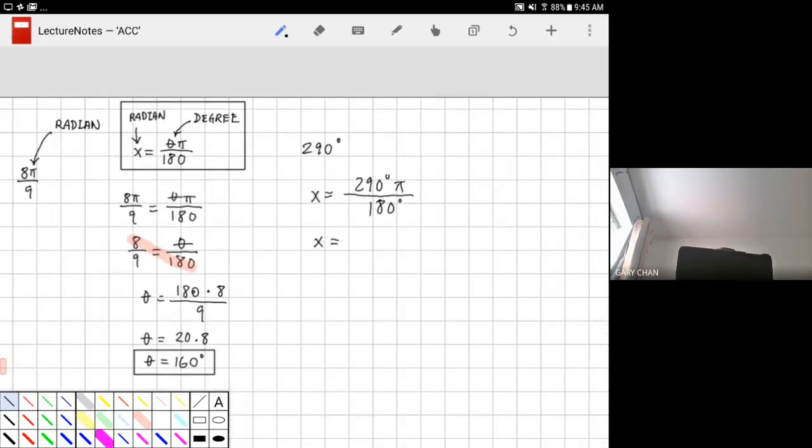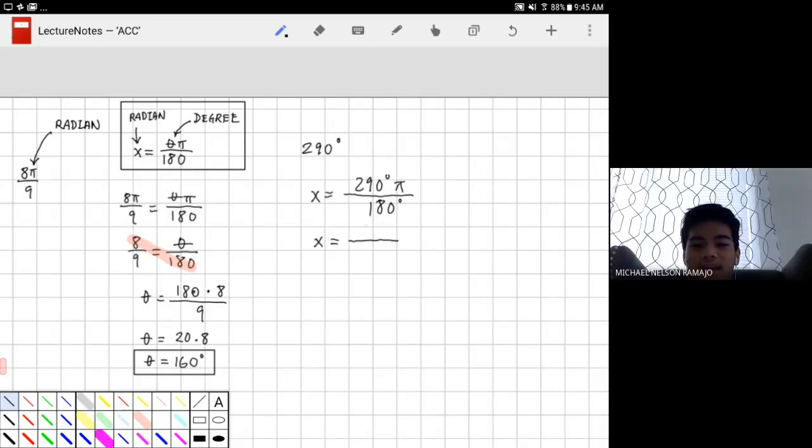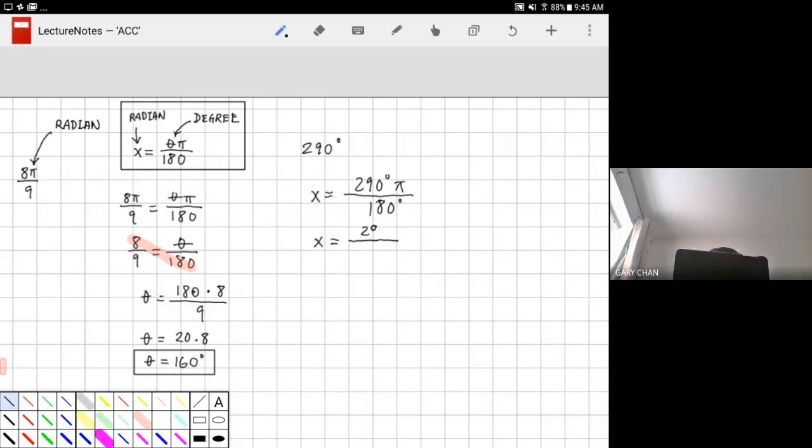Do you guys see a common factor between the numerator and denominator? I have 290 over 180. Is there a common factor that you see? 10. So this is 29 pi over 18. And there's no other way of reducing this, and that pretty much is it.